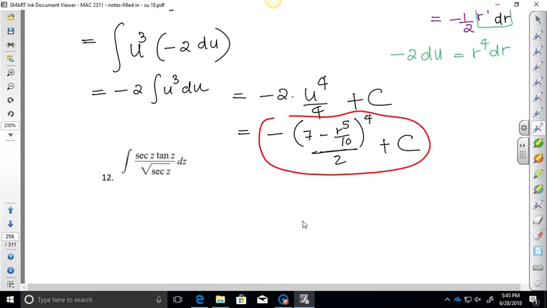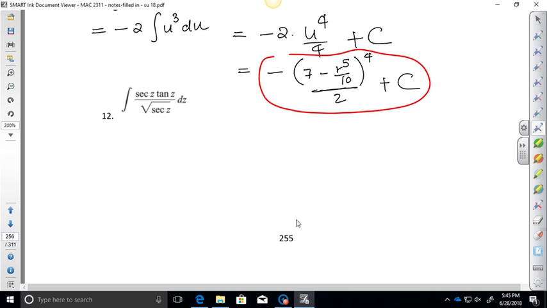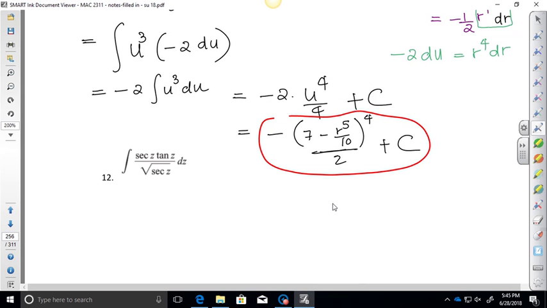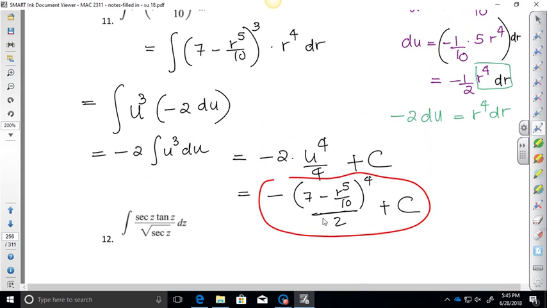Don't leave the answer in u, because that's not the variable. Don't forget to change u back to the original function. Remember that formula, the power rule: x to the n plus 1 divided by n plus 1. That's the integration formula.